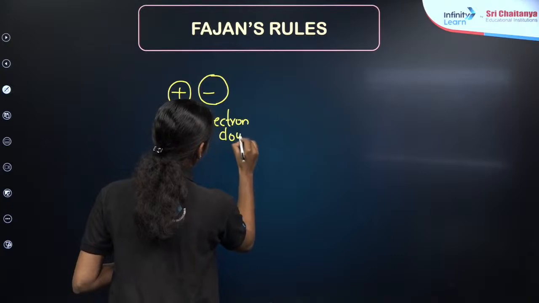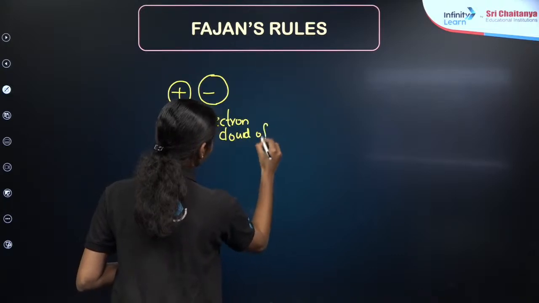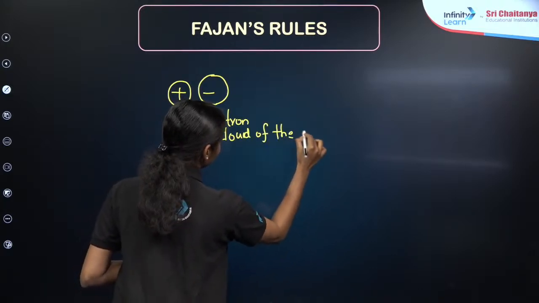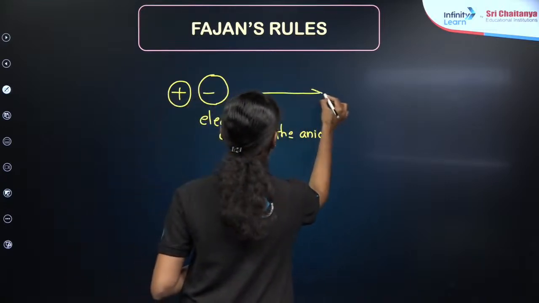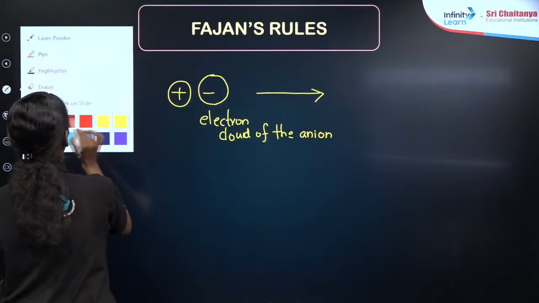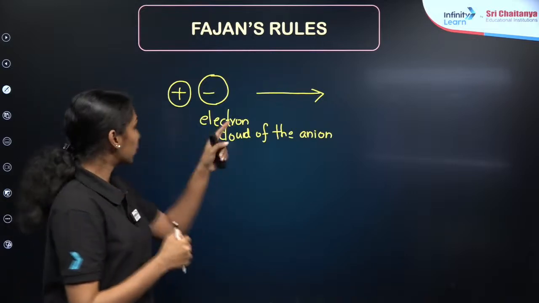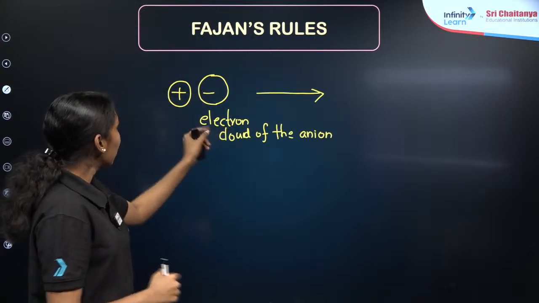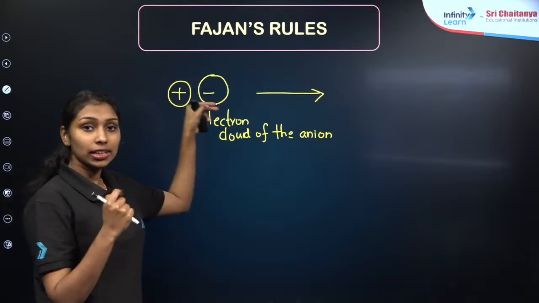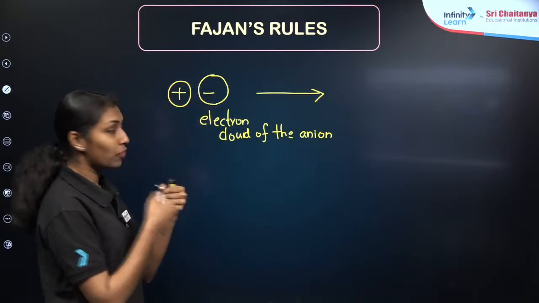So, what will happen? If the positive charge on the cation attracts the electron cloud of the negatively charged anion, the shape or the complete structure of the anion will change, right?